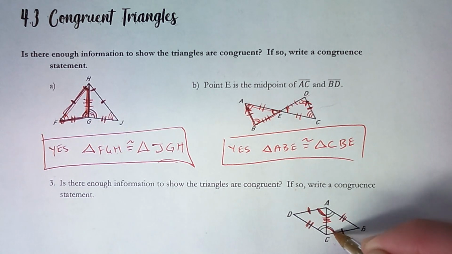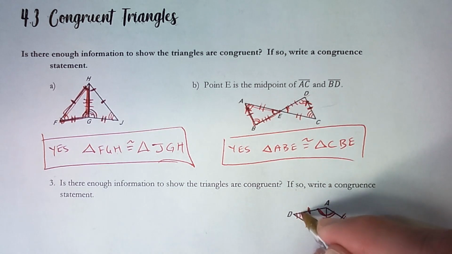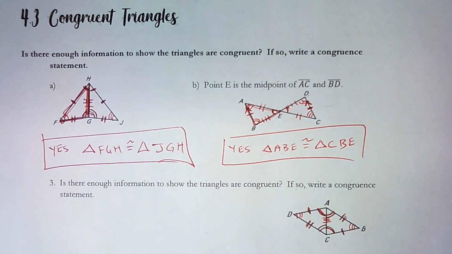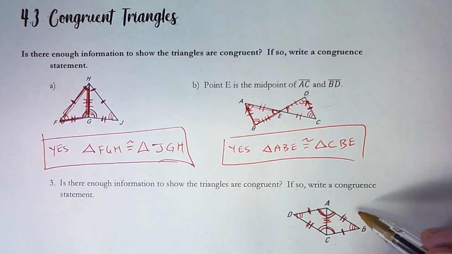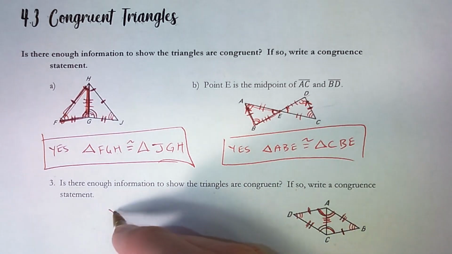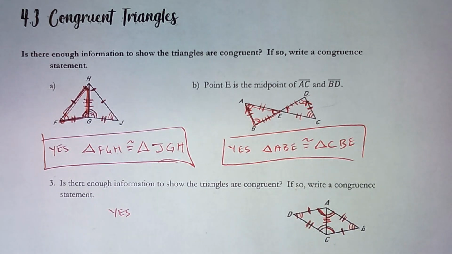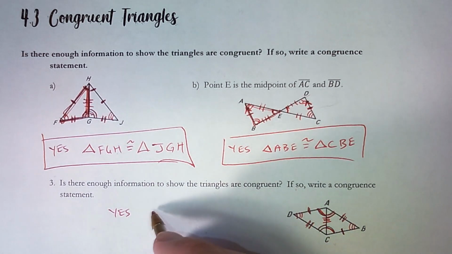I have congruent angles here, and the third angles theorem tells me if I've got two sets of congruent angles, then I actually have three sets of congruent angles, so that third set of angles is congruent. So I can see now three sets of congruent sides and three sets of congruent angles, so yes, the triangles are congruent, so I need a congruence statement.